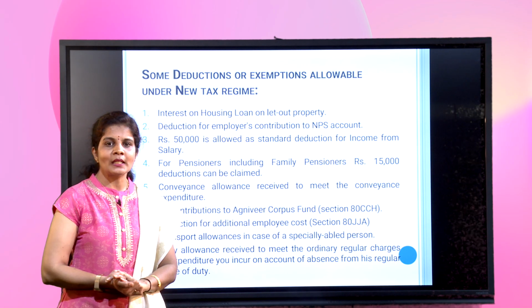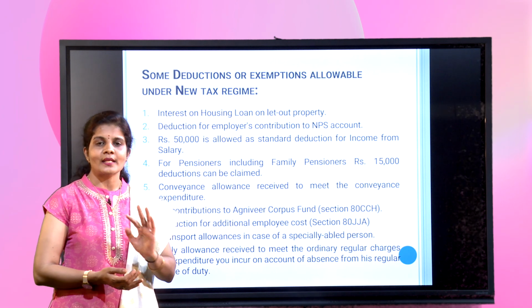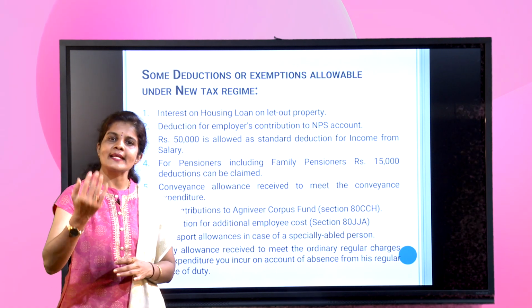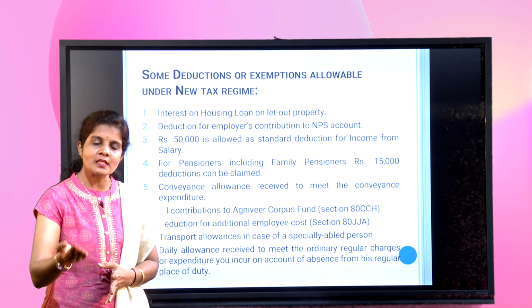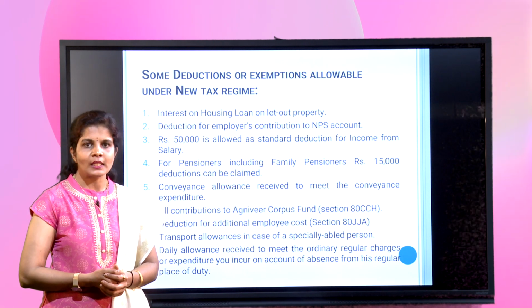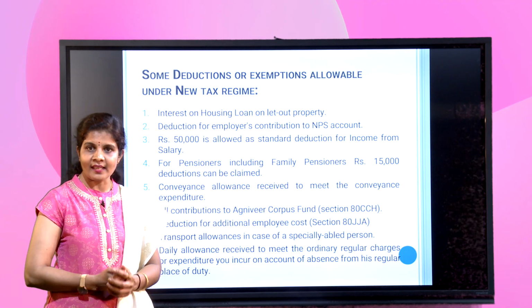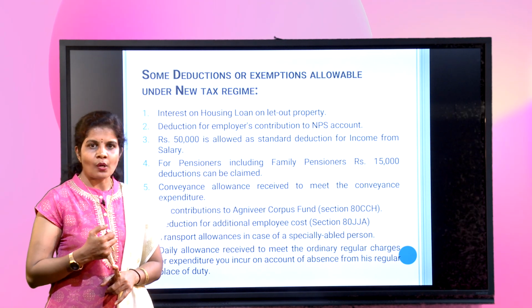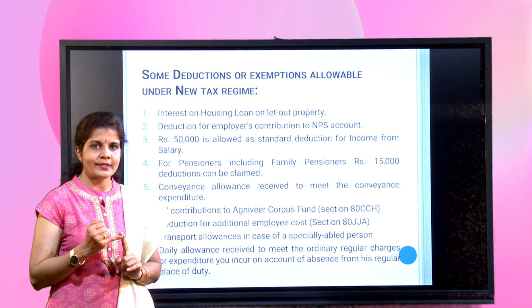Interest on housing loan, only on let out property. Earlier under the old tax regime, both the interest and the principal amount on the housing loan were allowable. But here under the new tax regime, principal on housing loan is not allowable as a deduction.